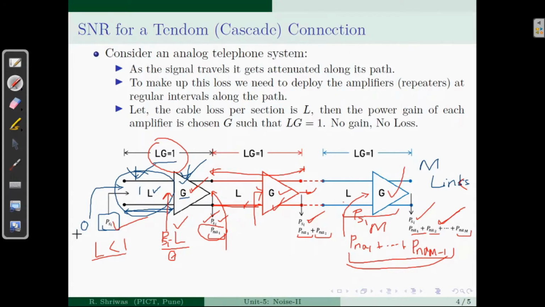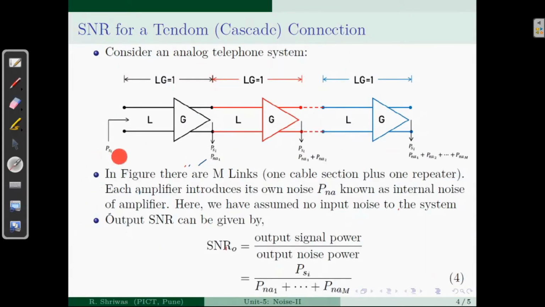And the input noise power is 0. So let's see the final result. This is the input signal power, and input noise power to the system is 0. The output signal power is the same as the input signal power because there is no loss, no gain in each stage, and we get the same signal strength at the output as at the input.